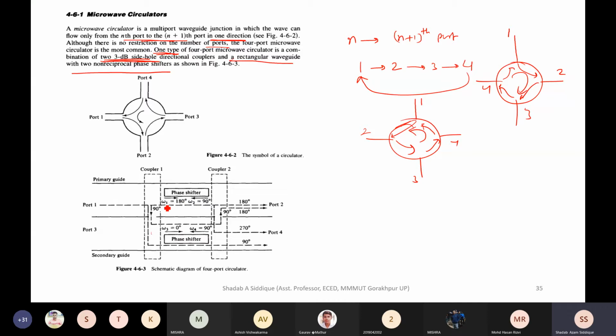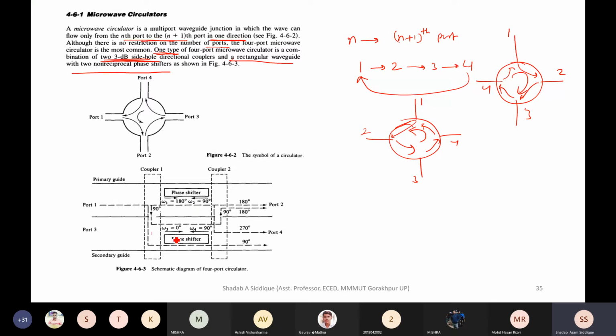Non-reciprocal means what I told you: going from one direction to the other direction, you have a phase shift of 180 degree, and in the other direction it will be different, not 180 degree. So this is a 90-degree phase shift. You can see this is non-reciprocal in nature. So this is a non-reciprocal phase shifter.